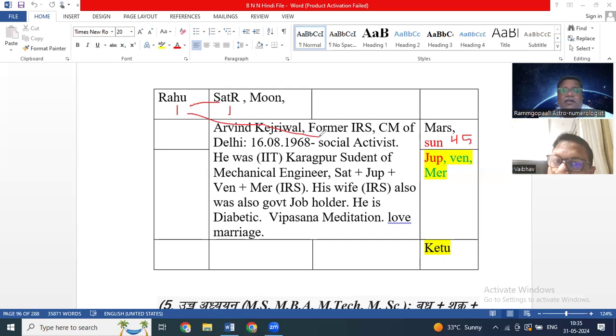So it doesn't mean that only in the second half it will give results, not like that. Here we consider any retro planet and the combination of planets. Saturn is connected with which planets and what profession it will give, that we have to check. So Saturn is retro and connected to the Sun, that's why he may become a government job holder.